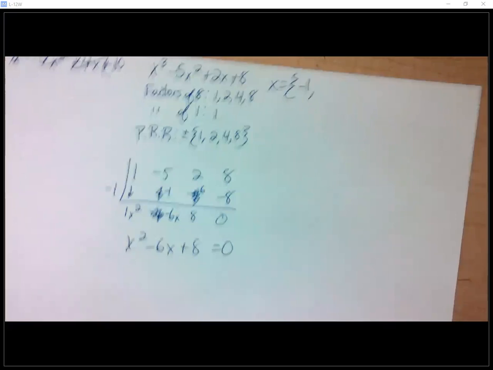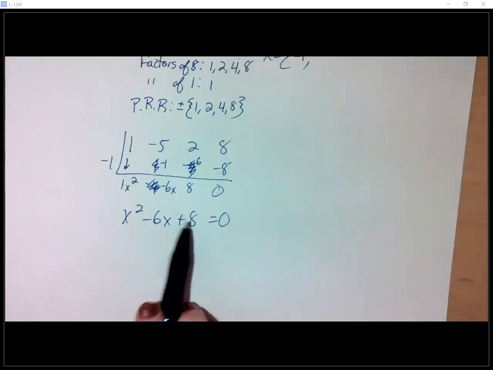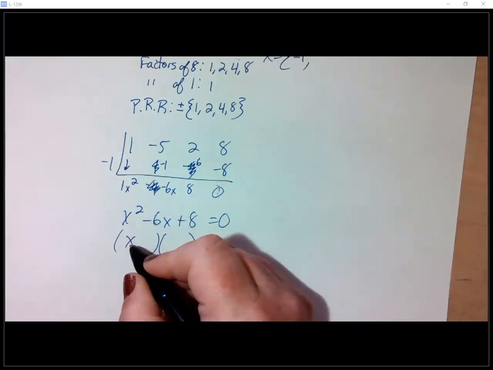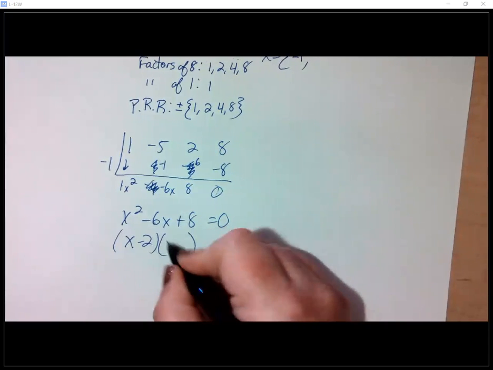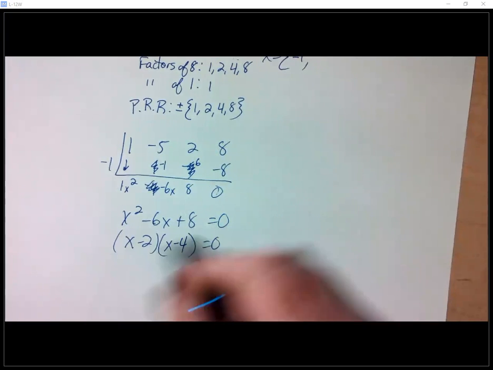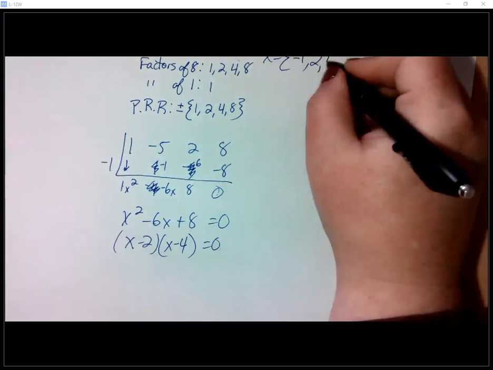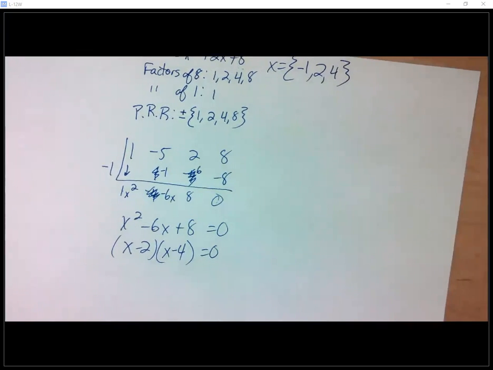Are there factors of positive 8 that add to be -6? -2, -4, right? So the other 2 answers are +2 and +4. And there's my 3. I'm done.